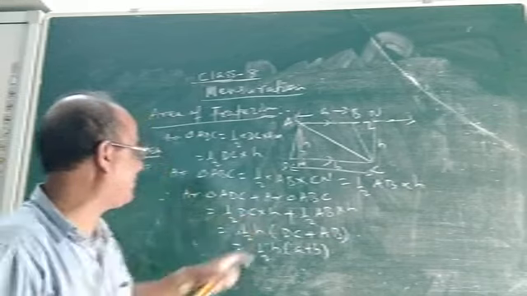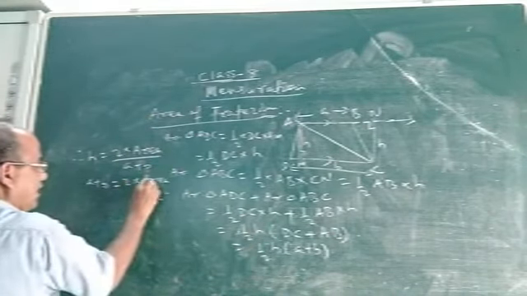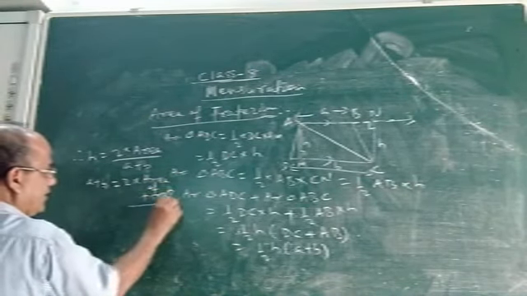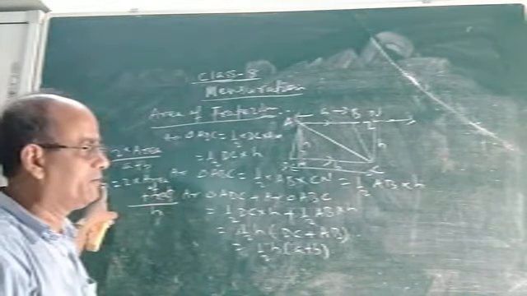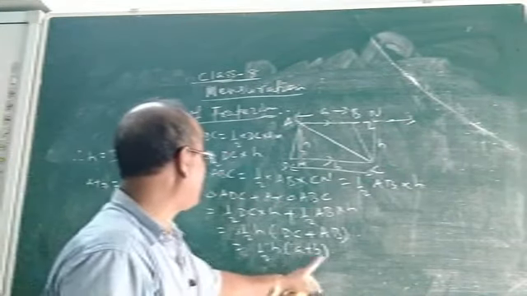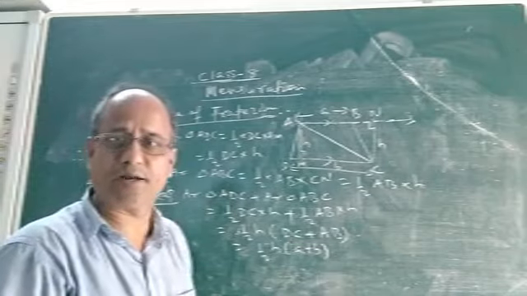It will be 2 into area divided by H, the altitude. This will give you the sum of the parallel sides. So you can find the sum of the parallel sides, you can find the height, and you can find the area when H, a and b are given.